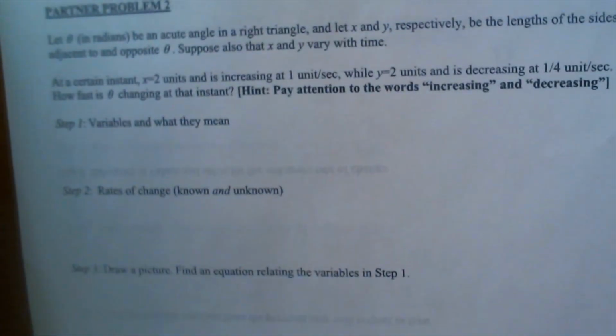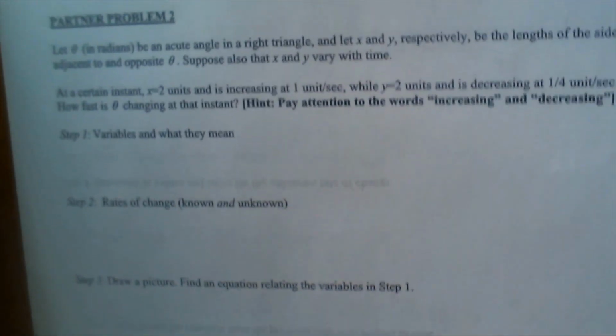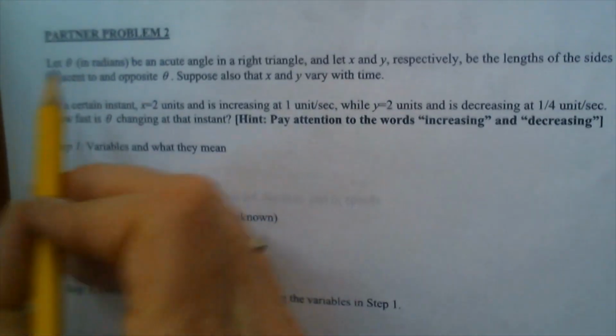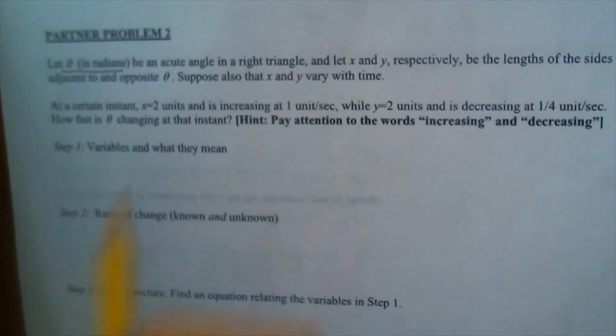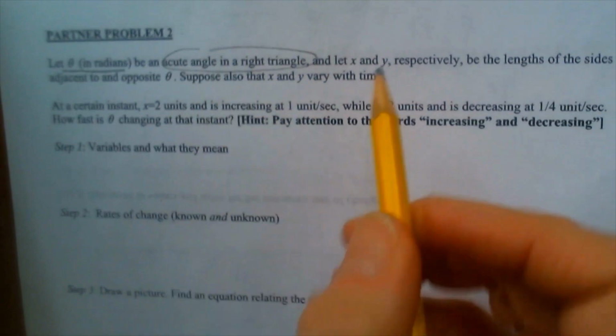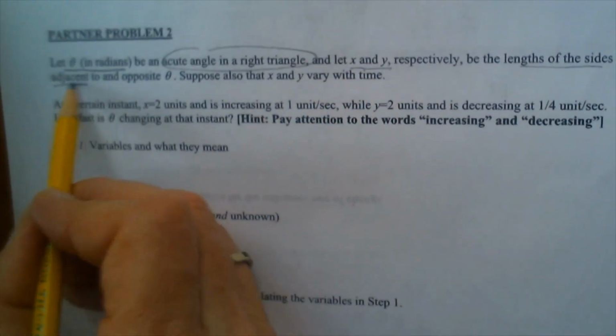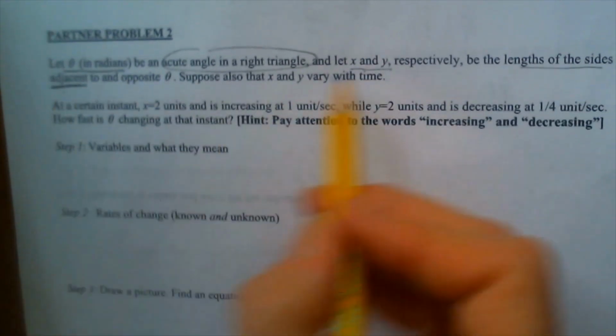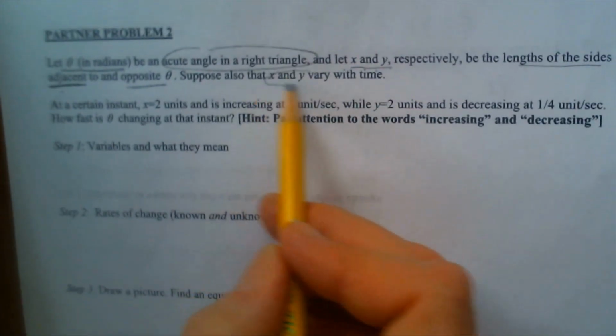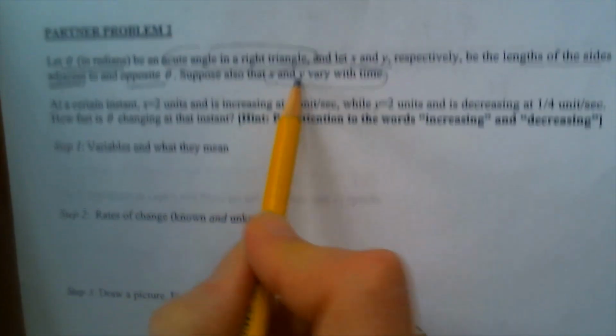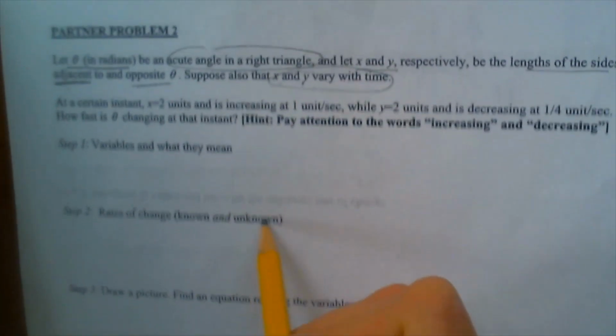Now this one is a little bit different because we have an angle here. So we have theta, which is in radians. It's an acute angle in a right triangle. X and Y are the lengths of the sides, so X is the adjacent side, Y is the opposite side to angle theta. X and Y vary with time, so we have a dx dt and a dy dt that we'll have down below.